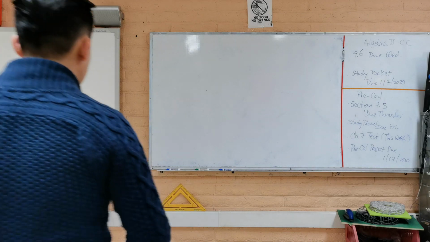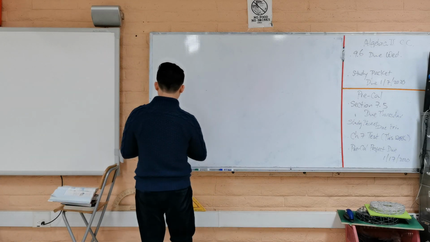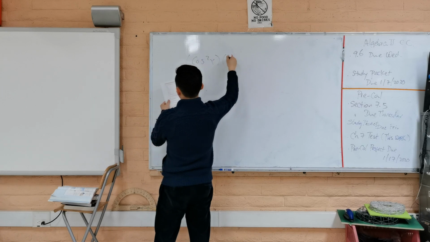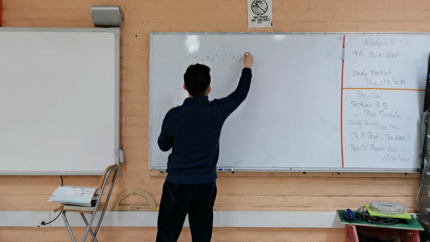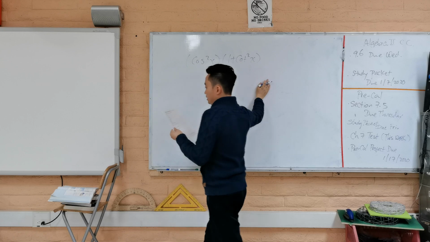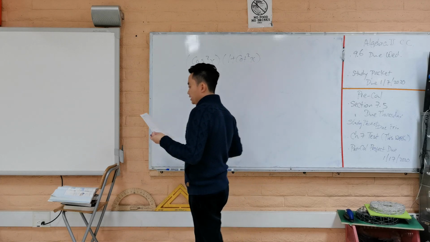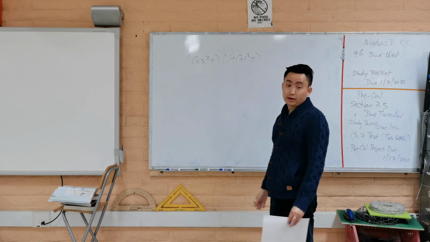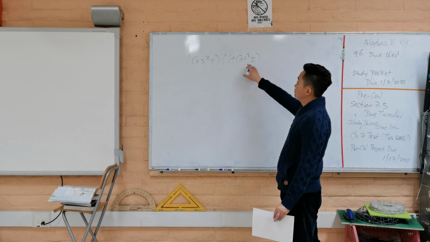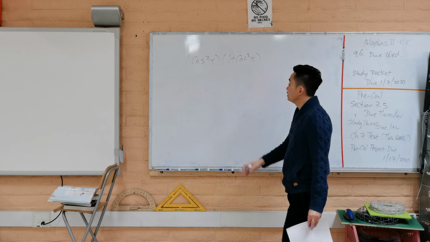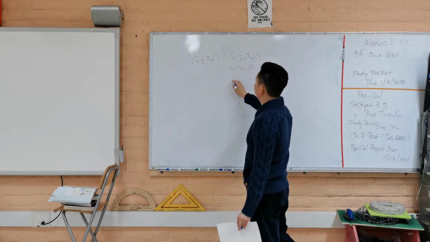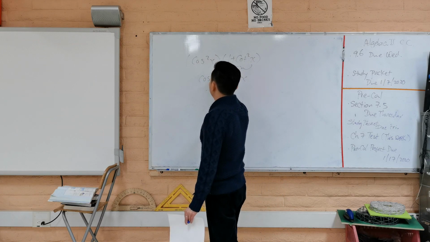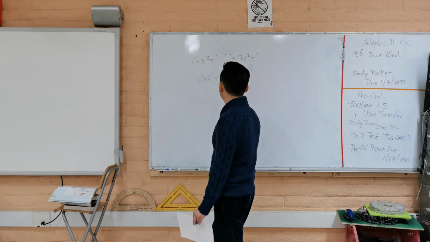Simplify the trig identity. Let's say we have cosine squared of x times the quantity 1 plus cotangent squared of x. You want to write it in terms of sine and cosine, then simplify it. Before that, we can convert 1 plus cotangent squared into a Pythagorean identity, which is cosecant squared of x, and we have cosine squared of x on the left-hand side.